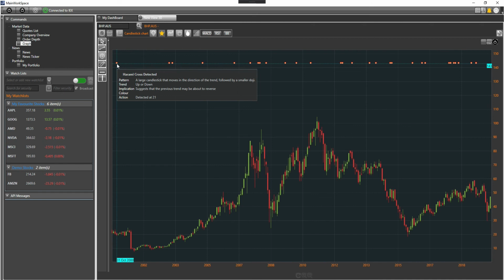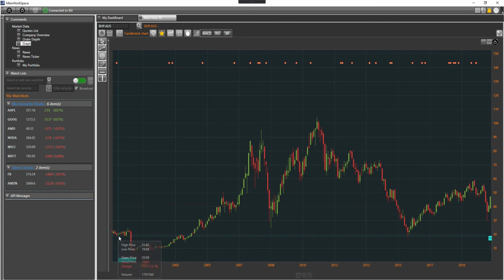Basically, I'm giving it all the candlestick information and asking it to detect various patterns. And I've asked it for the Harami cross, got a little summary as to what that is, and it says that it's a large candlestick that moves in the direction of the trend, followed by a smaller doji. So that's this one here.